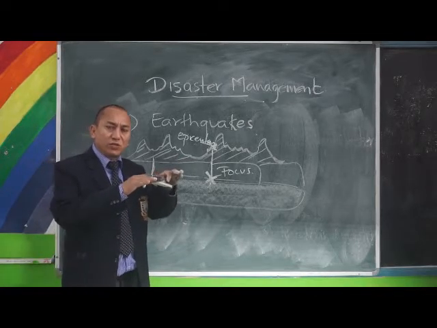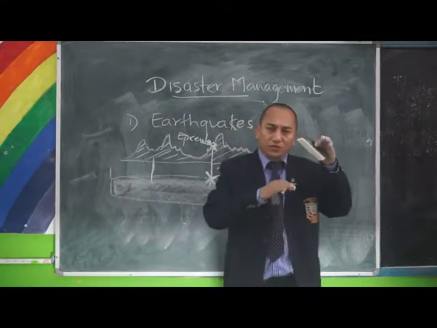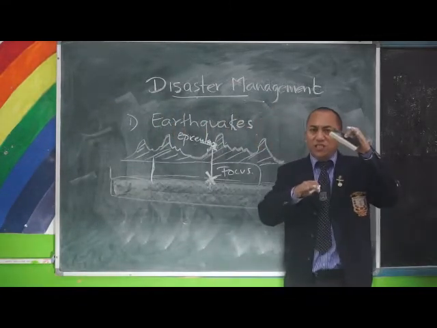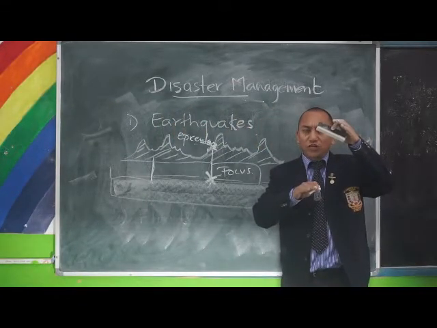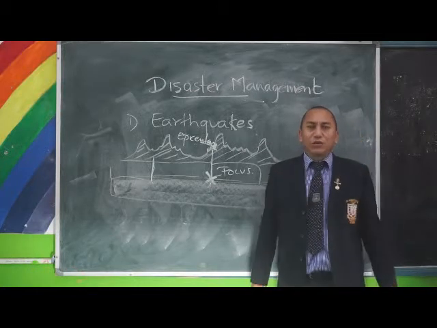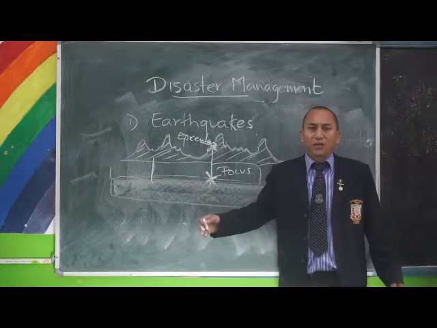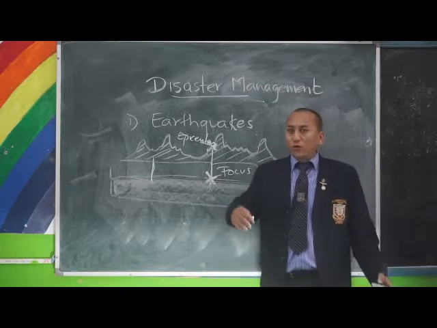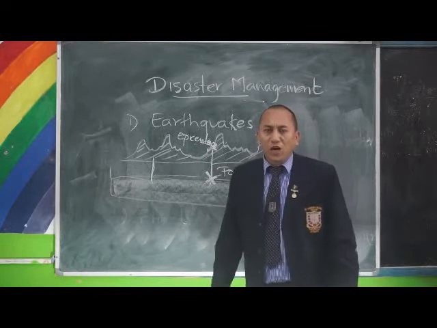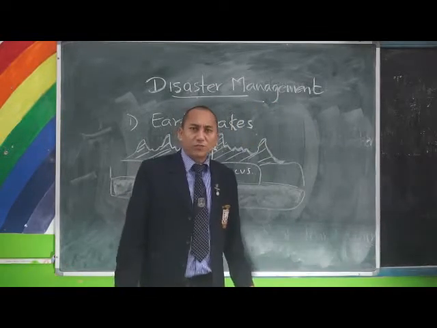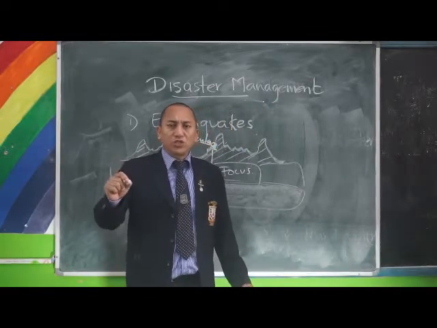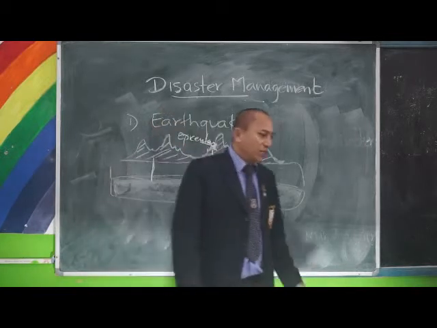When the earth vibrates, the base is fixed, but on top the mass moves, whereby it records the movement of the earthquake. And that is how we come to know the intensity of the earthquake, how strong it was. We measure that on the seismograph.